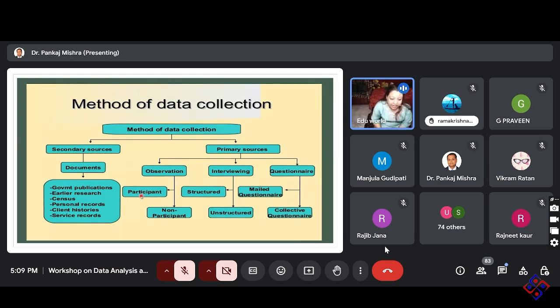In the same way, interview can be structured as well as unstructured. Structured interview is when your items are ready with you, whatever questions you are going to ask the participants.